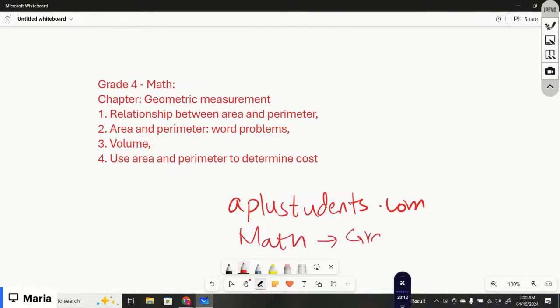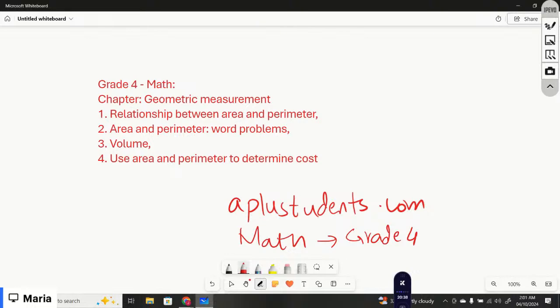Scroll down to grade 4 math and then click on view all lessons. There you can find a list of the chapters. We're going to start with the chapter geometric measurement.